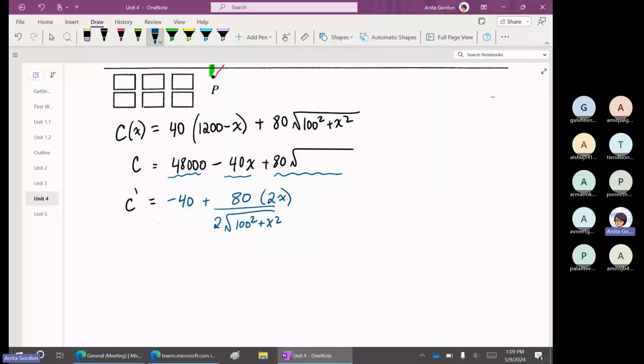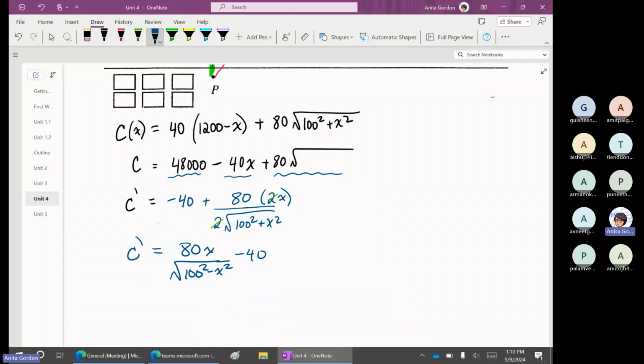Correct me if I'm wrong. We're good? Lovely. Okay, 2 cancels out the 2. So my final answer is that the derivative is 80x over the square root of 100 squared plus x squared, minus 40.